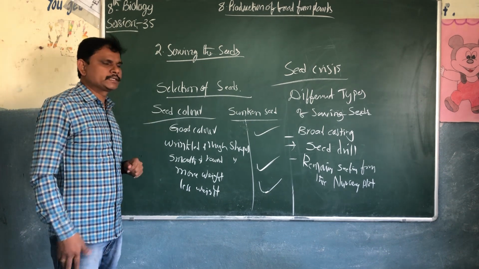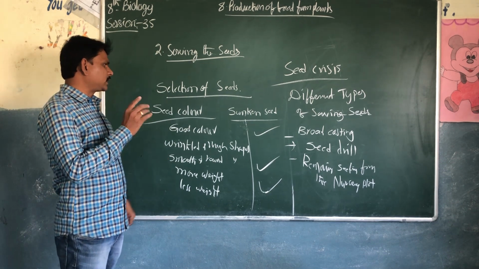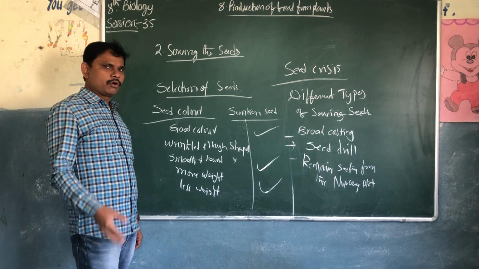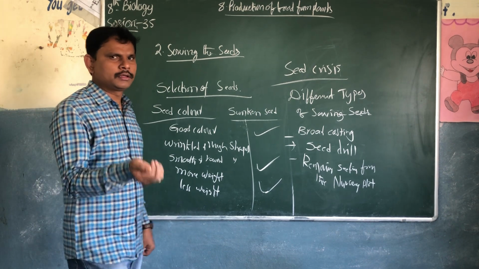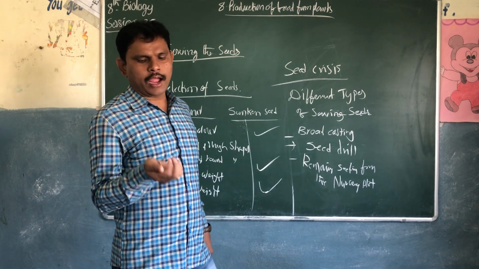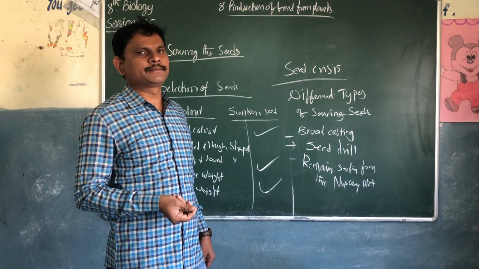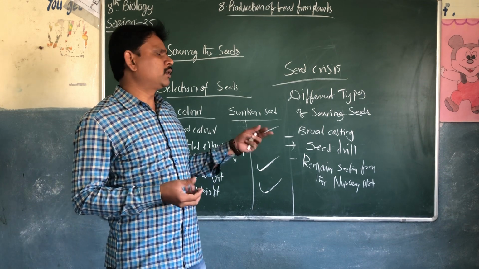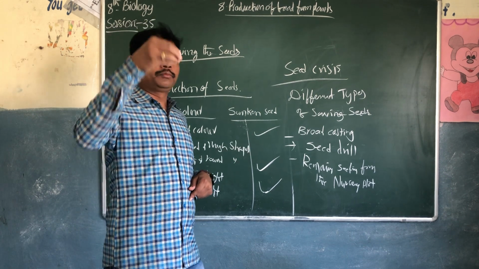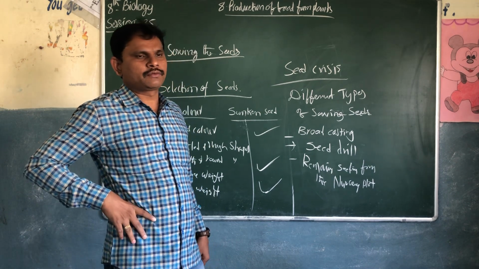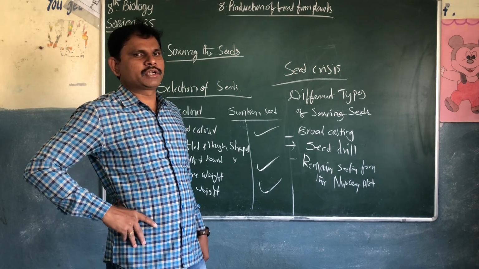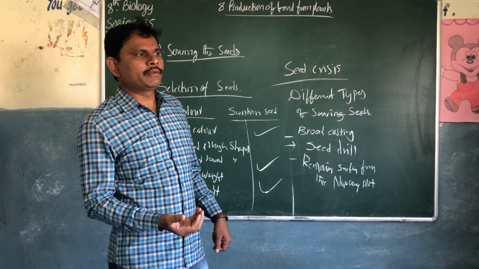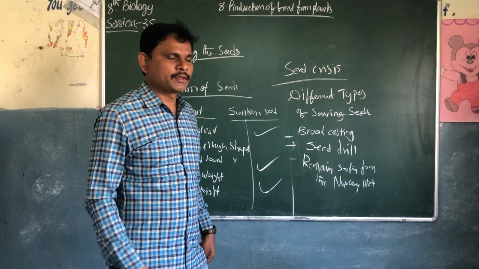In sowing of seeds, the farmer has to select quality seeds. At home also you can take a small handful of seeds, any red gram or any type of seeds. Take a glass of water and put the seeds in the glass of water. You can see two different types of seeds. One will be floating on the water, and another one will sink into the water.